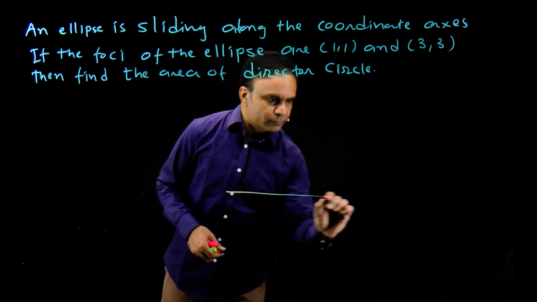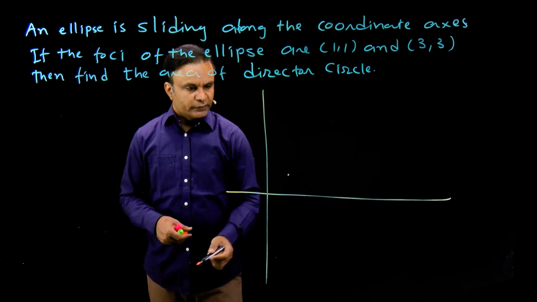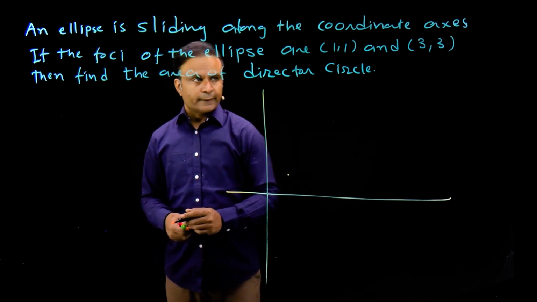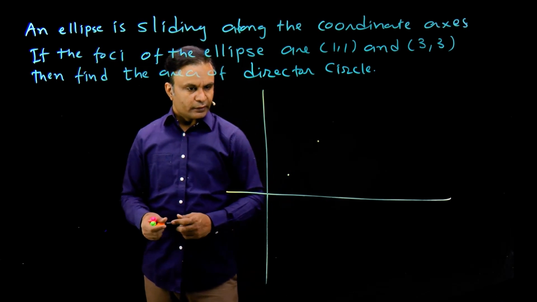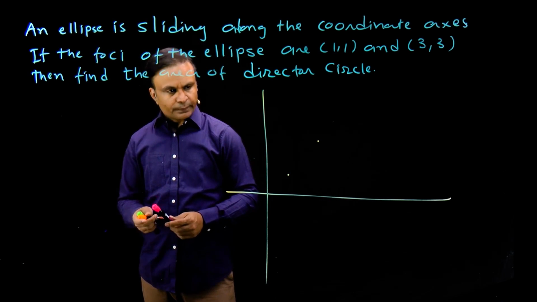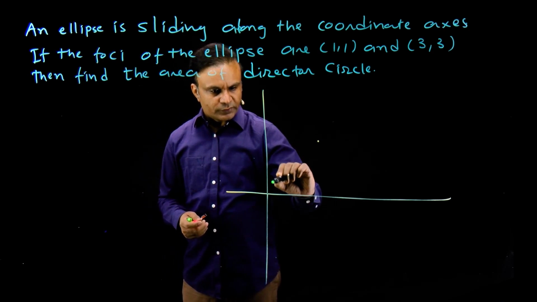Let's draw the diagram. This is one focus (1, 1). This is another one (3, 3), and the ellipse is touching both these axes. So we can draw the ellipse like this.